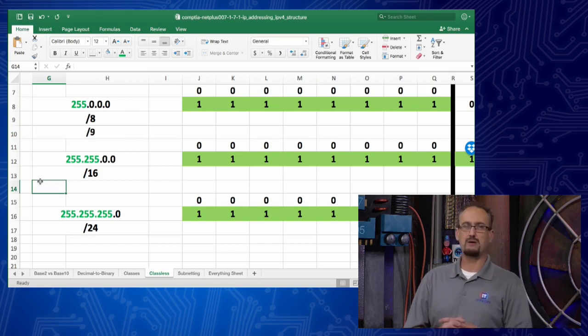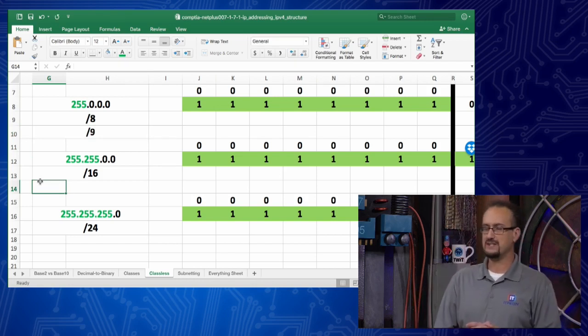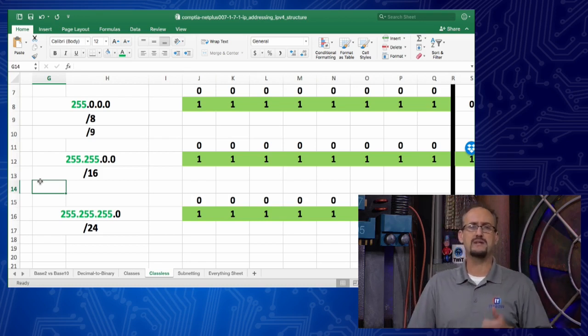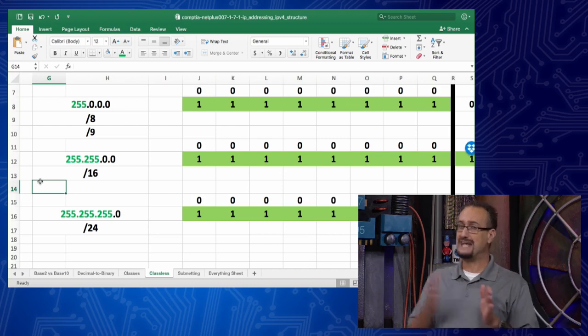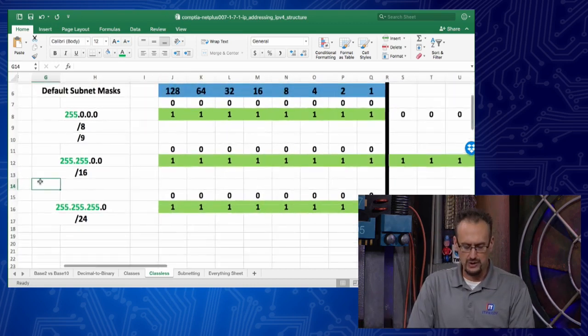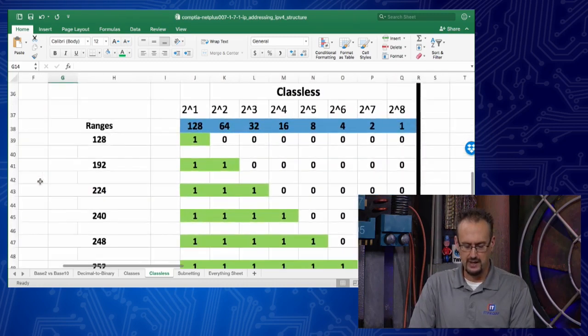Do you know how to figure out what the decimal value of a /9 is? If I know a /8 is 255.0.0.0, would you be able on the exam to get this right if they asked you, what is a /9? All right, now we're classless. We're breaking the barriers. Well, this is where this chart that I was showing you comes in handy.